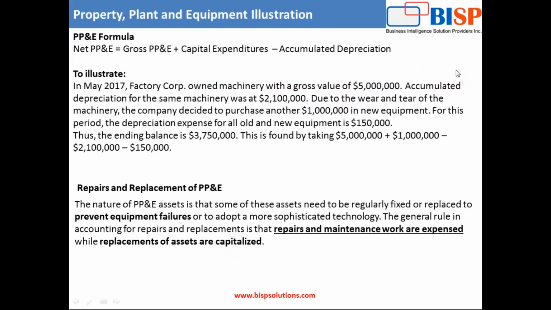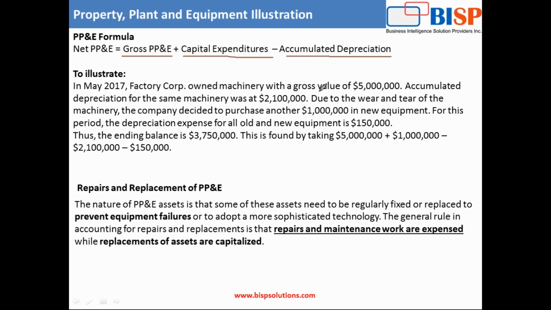I have taken one numeric example for the sake of simplicity. So when you go back and write business logic or test and validate your numbers, you know how it works. So net property, plant and equipment equals gross property, plant, equipment plus capital expenditure you did on top of this, and then you subtract depreciation, right? Let's take this example.